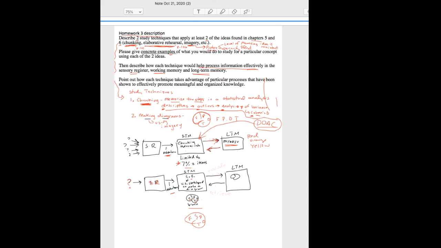And then by doing that, I am more likely to be able to successfully encode it here into long-term memory so that I can retrieve it later on.